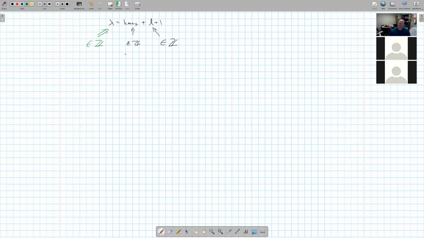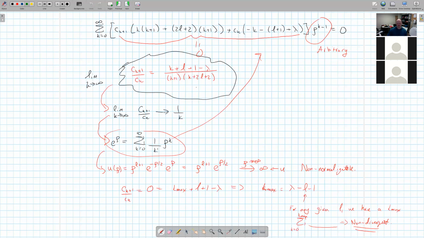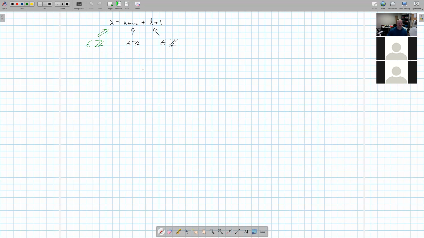So this is where the quantization of the hydrogen atom comes from: these are all integers, and we're forced to the fact that we can only sum this thing up until where the recursion relation becomes 0, up to some k max value. Since everything here is an integer, lambda has to be an integer as well.